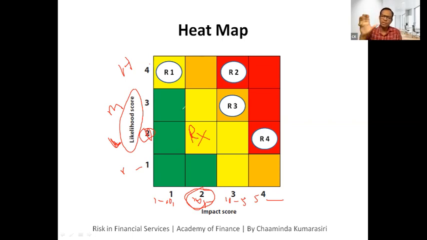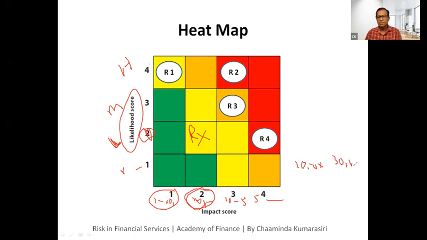You also have a third level of definition in your matrix. Depending on the total risk score, you can have a color code. Let's say the value up to the maximum here is 10,000. 10,000 into 2 is 20,000, 3 is 30,000.